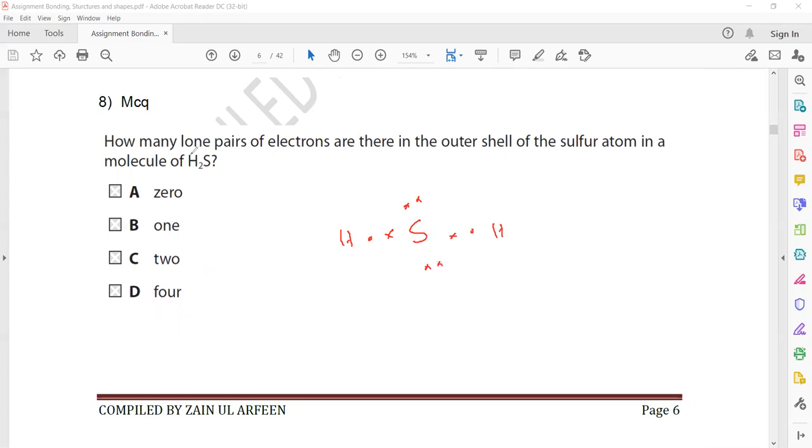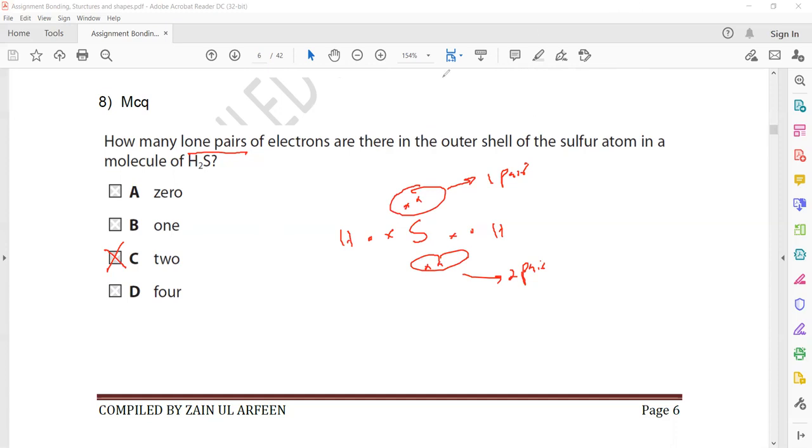But they are asking how many lone pairs there are. 4 electrons, and this is 1 pair, and this is the second pair. So there are 2 pairs, that's why C is the right answer.